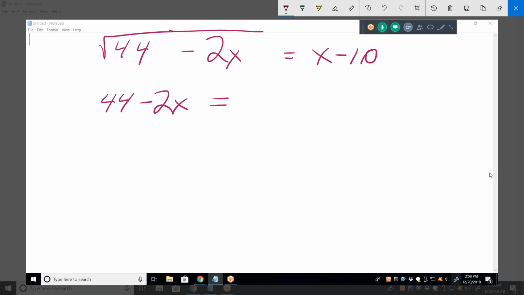In other words, you got 44 minus 2x by squaring the left side. You can't just square the left side in an equation. If you square the left side, you got to square the right side. So what you're really doing is this. You're squaring the left side and squaring the right side. Now don't make the same mistake you made last time. How do you square the right side?